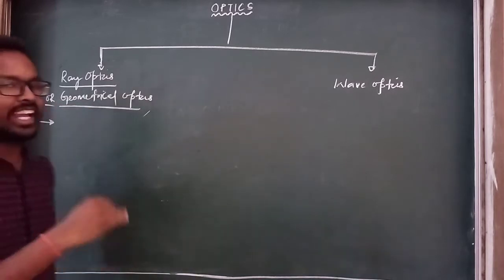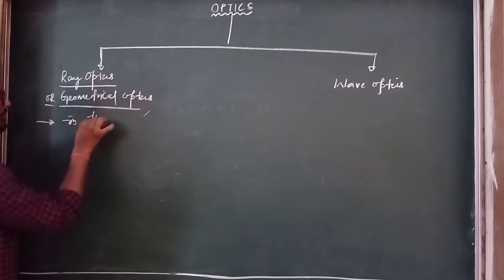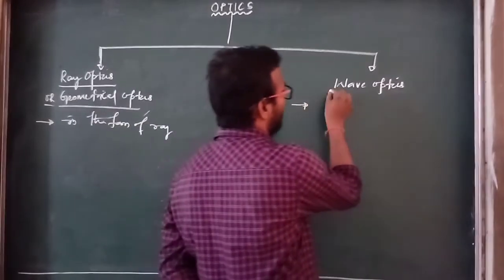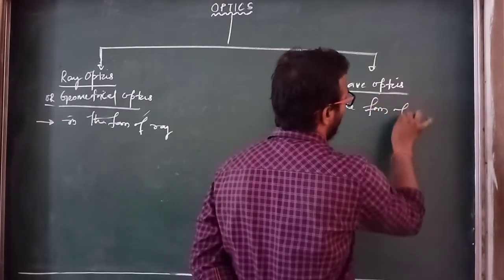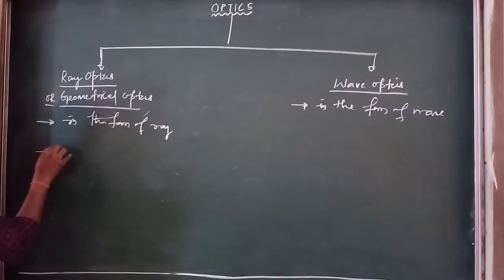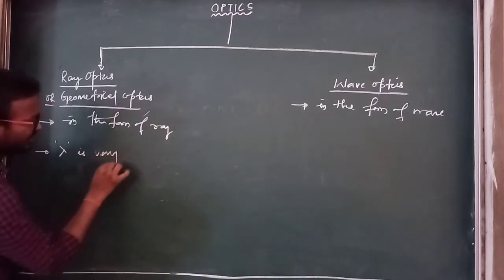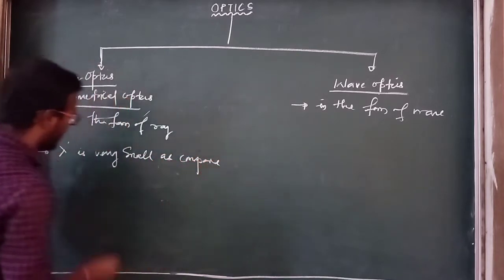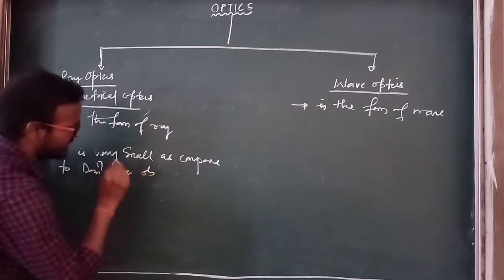In ray optics, we discuss light in the form of rays, but in wave optics we deal with light in the form of waves. In ray optics, the wavelength of light, lambda, is very small as compared to the dimension of an object or obstacle.